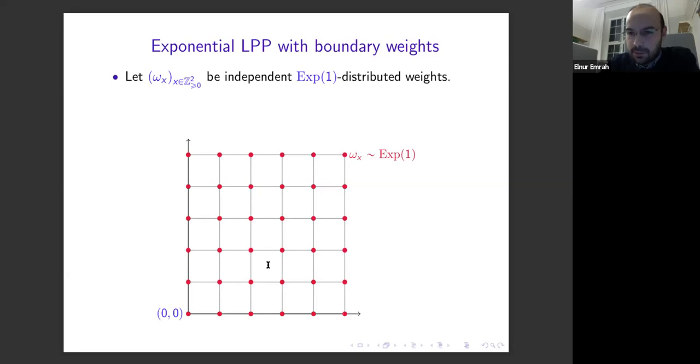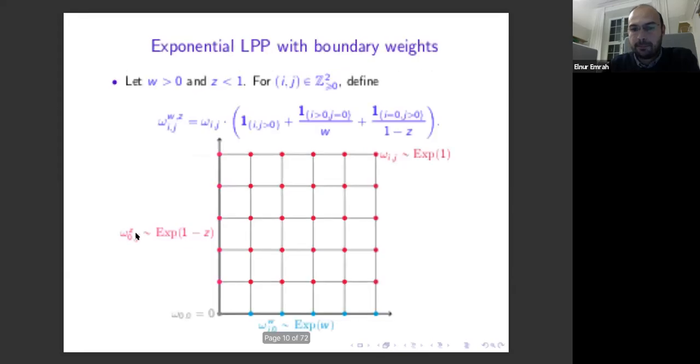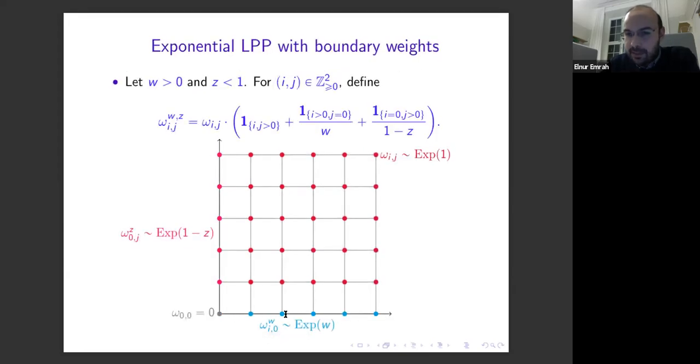Okay, so what I will actually consider is a variation of the exponential LPP that has additional boundary weights. So now let's again start with exponential 1 distributed random weights, but now I also place weights on the axes of the first quadrant. Now what I will do next is to rescale the parameters of the exponentials on the axes.